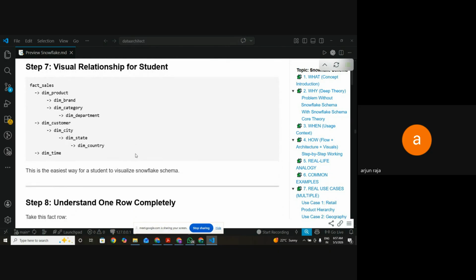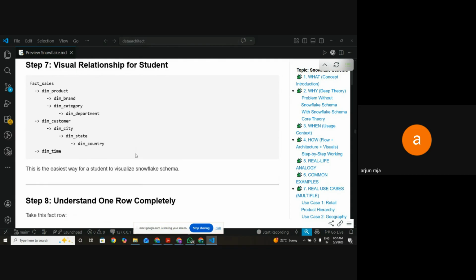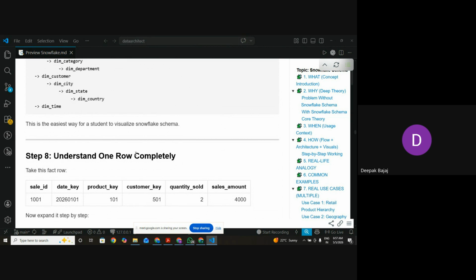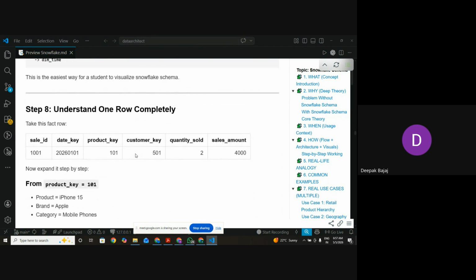This is the easiest way for a student to visualize the Snowflake schema.